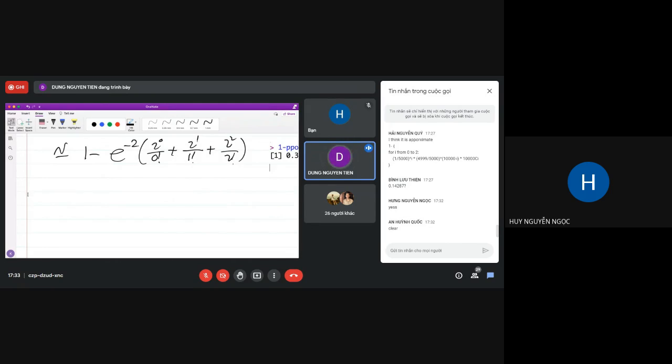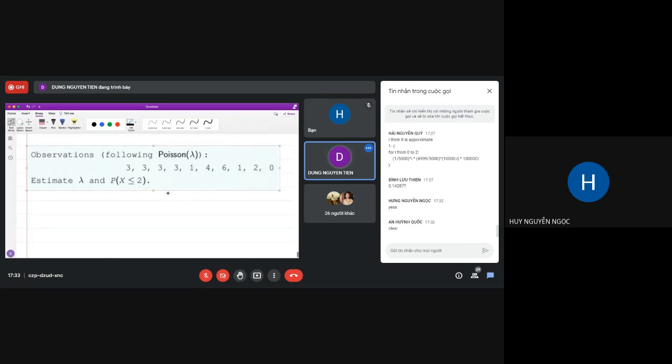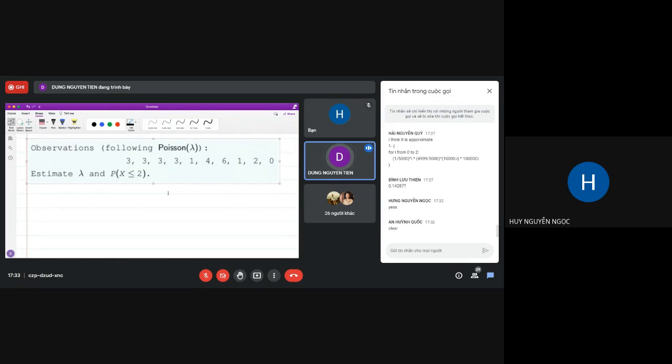All right, let's consider the next one. Suppose that there are many observations here, and you want to estimate the probability that X is less than or equal to 2. If you have no information about the distribution, then you only need to look at the values which are less than or equal to 2.